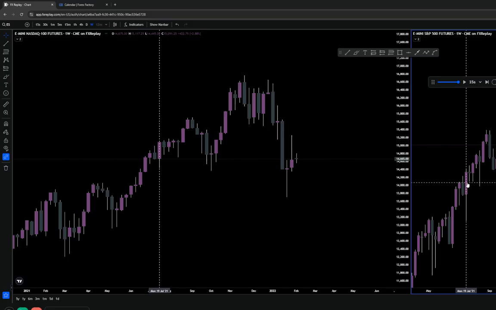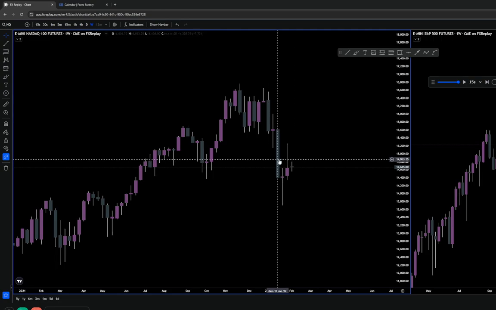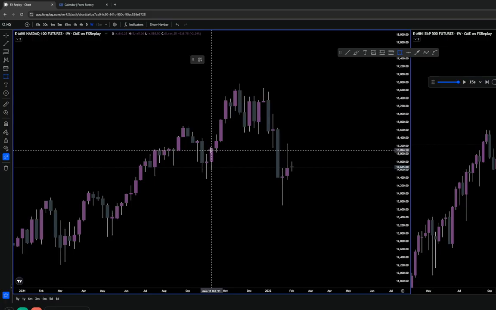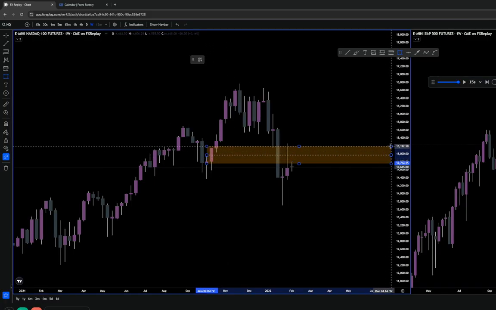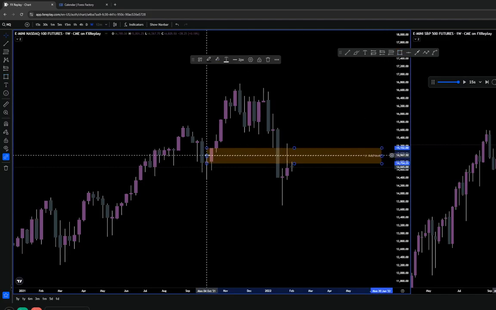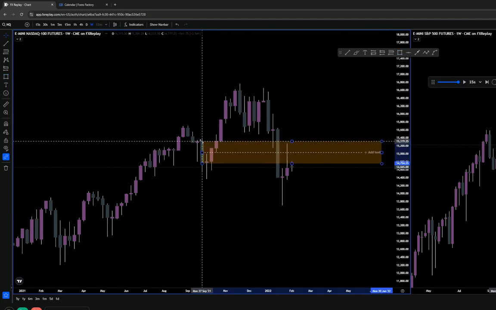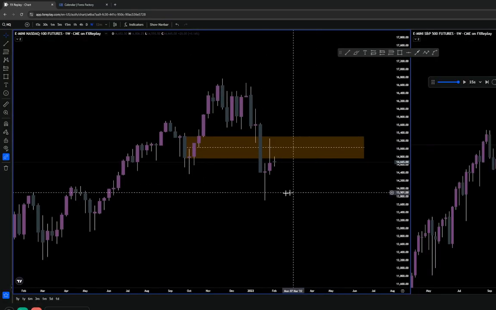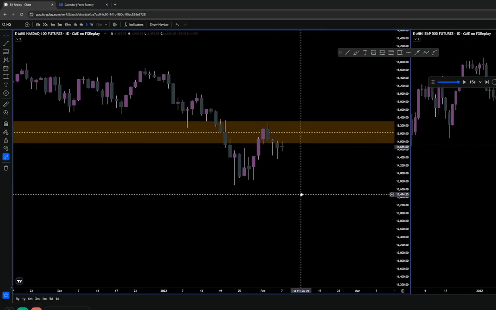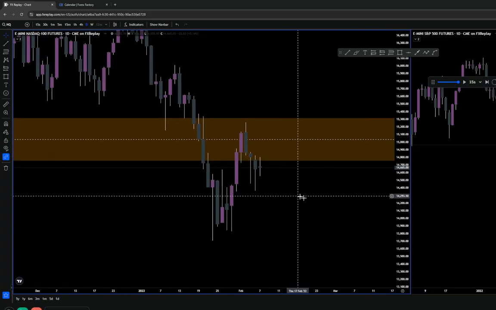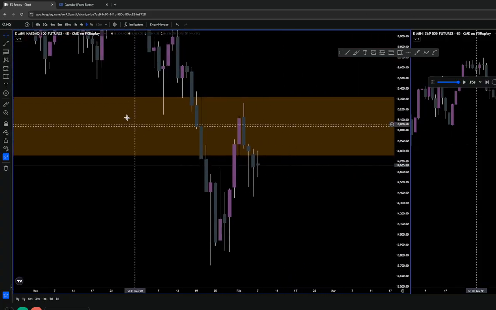Alright, no SMT at the lows. Yeah, breaker rejection here on the weekly, wicking out of it. Could keep dumping potentially, honestly. Daily bearish closure as well. Let's see the 4 hour.